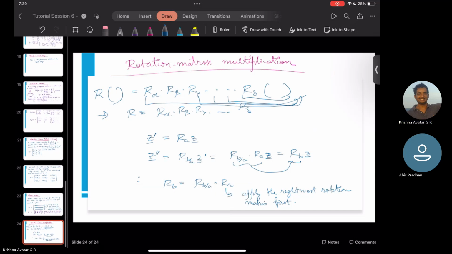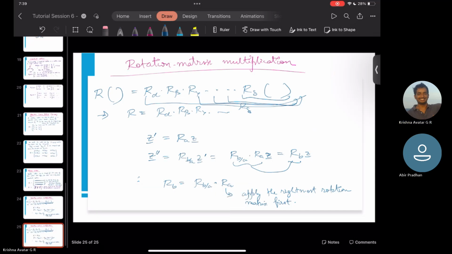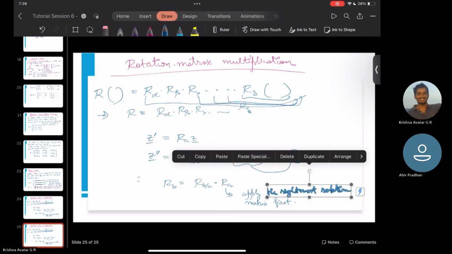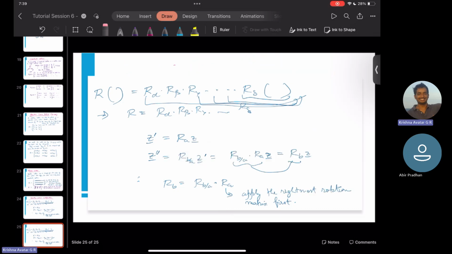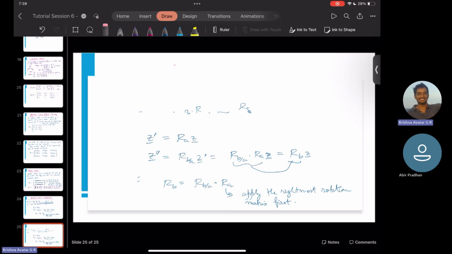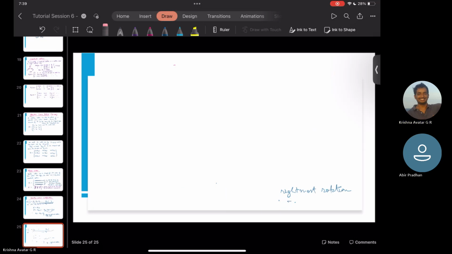And so in the upcoming tutorial session, it would be much more interesting, as we would be discussing some of the important topics further about kinematics.